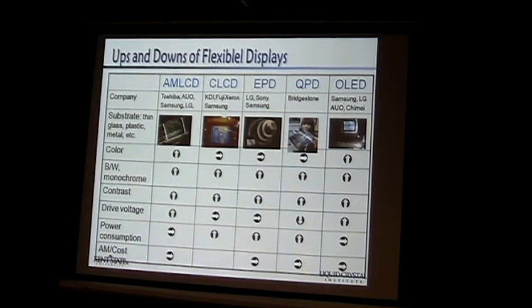So you apply a DC voltage, you can rotate this, like black and white, and that's why you see that very nice contrast. Unfortunately, if you want to display color, that is the challenge; they are working on it for the second generation. That's very cool, but they are challenged to overcome this in the future.